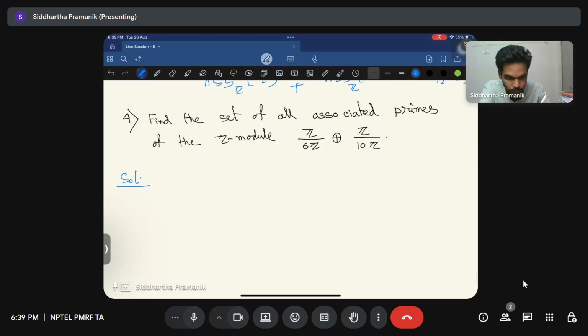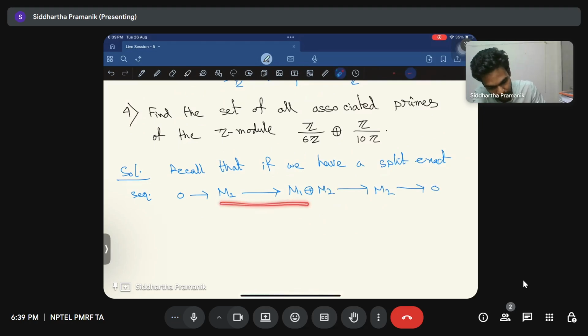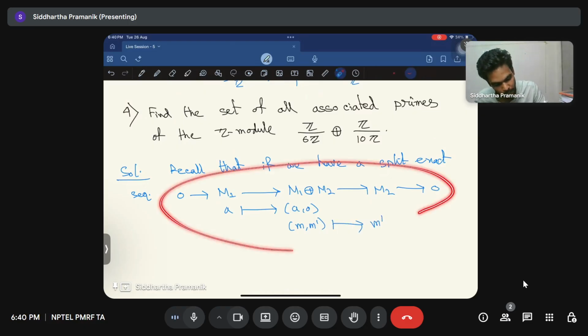So how to find this one? Recall that if we have a split exact sequence, like a short exact sequence which has the form 0 to M1 to M1 direct sum M2 to M2 to 0, where the first map is a goes to (a, 0) and the second map is (m, m') mapped to just m', the projection map, then a short exact sequence of this form is called a split exact sequence.